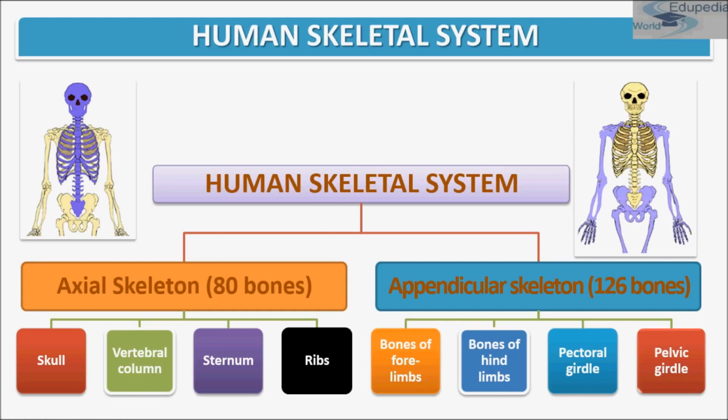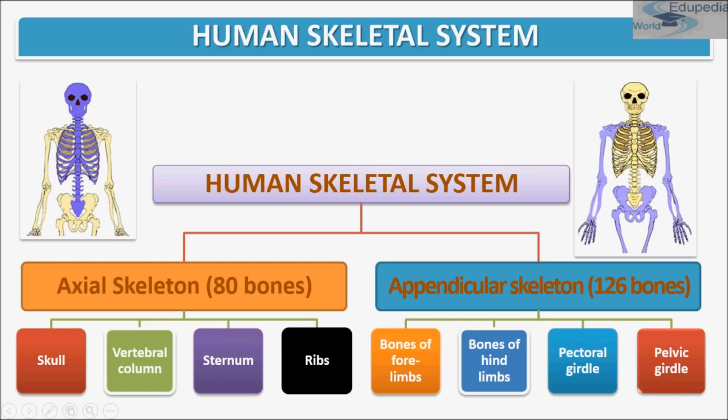Now comes the sternum. The sternum is also known as the breastbone. It is a flat, elongated, dagger-shaped bone which is present on the mid-ventral side of the thorax. From here to here, this is the sternum.